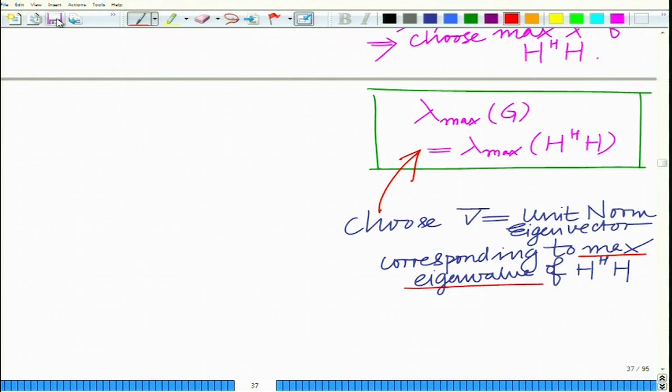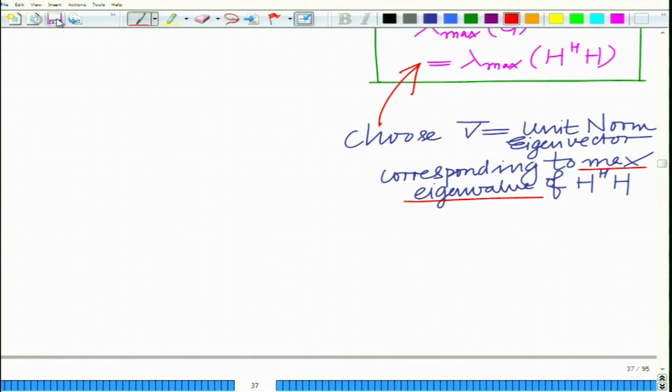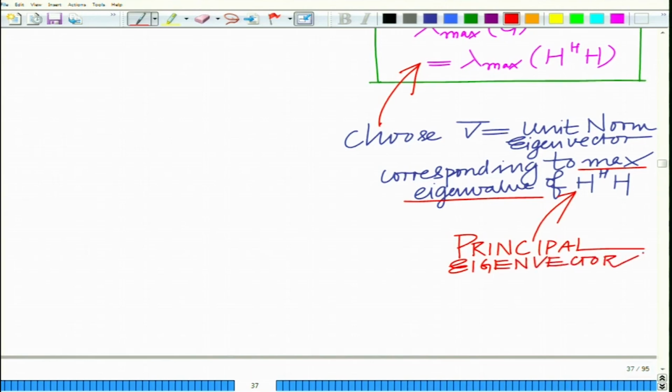This eigenvector corresponding to the largest eigenvalue is also termed the principal eigenvector. The transmit beamformer V bar is the principal eigenvector of H Hermitian H.